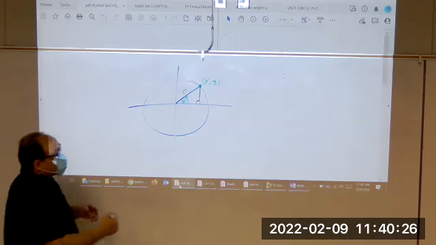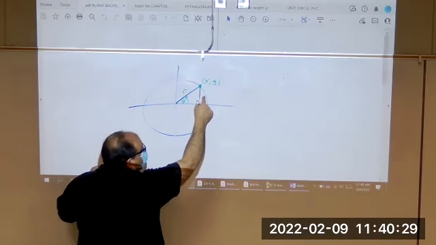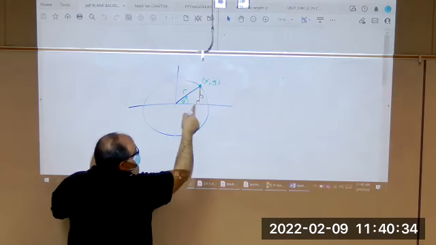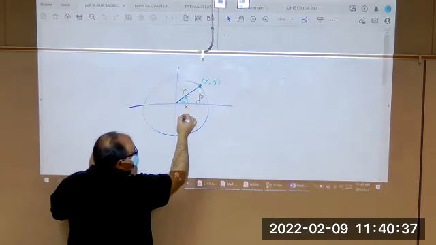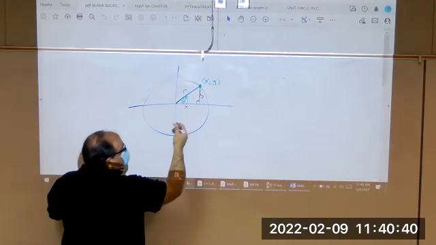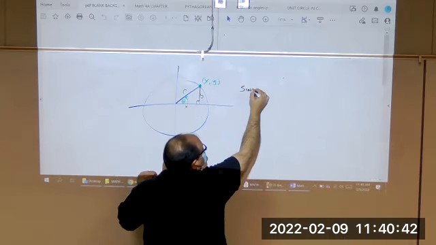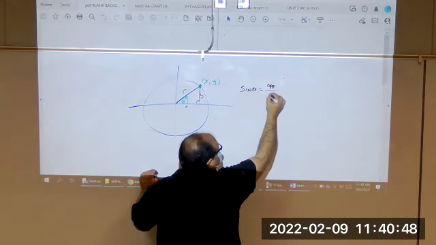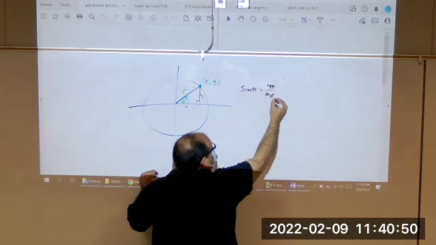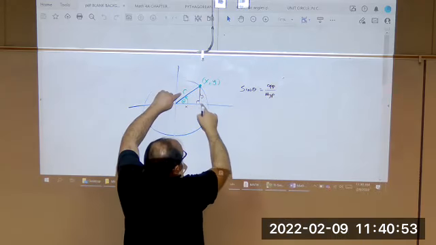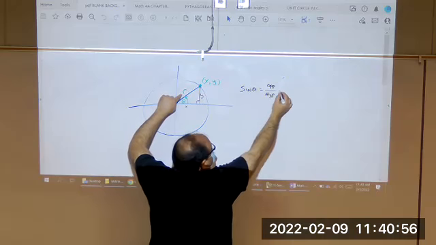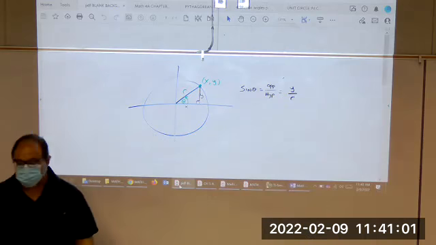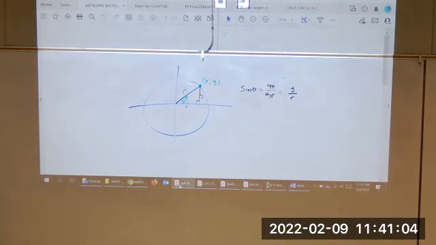Now, from theta's perspective, the opposite is the y value because it's the height of the point. The adjacent is left and right, so that's the x coordinate. As we would usually say, the sine of theta is opposite over hypotenuse. In this circle, the opposite is y and the hypotenuse is the radius, by definition now.